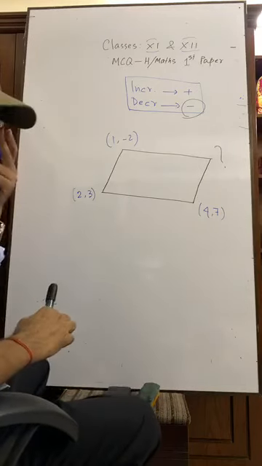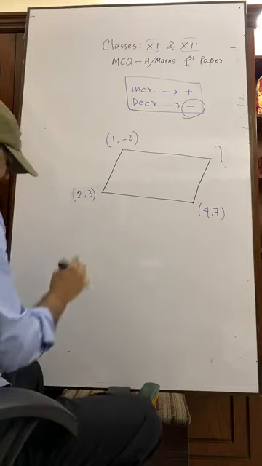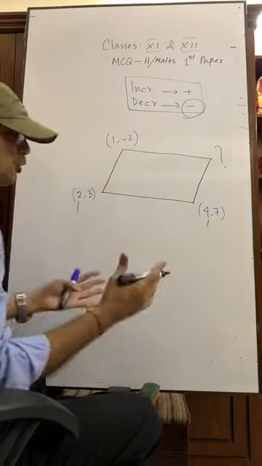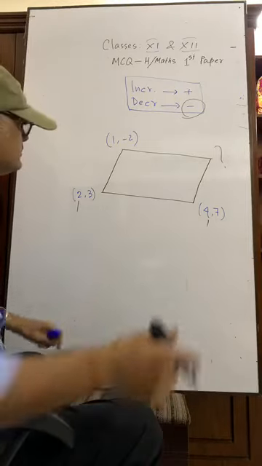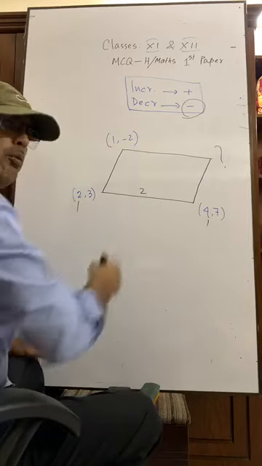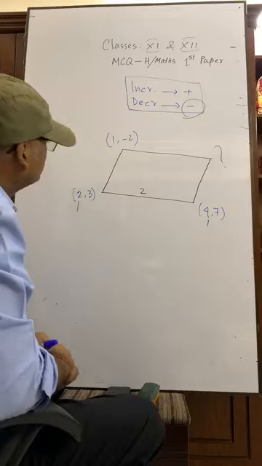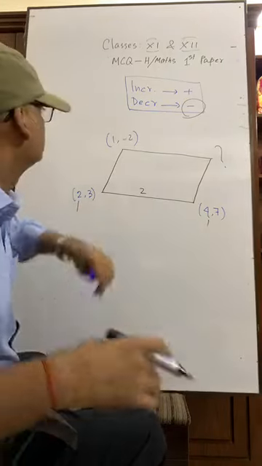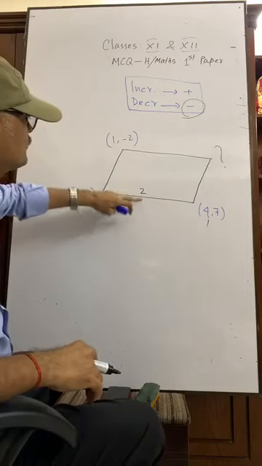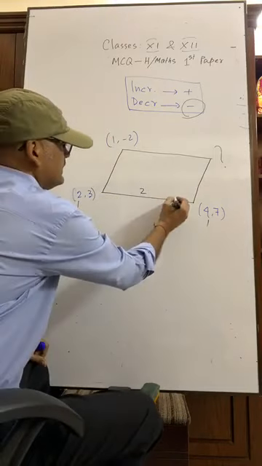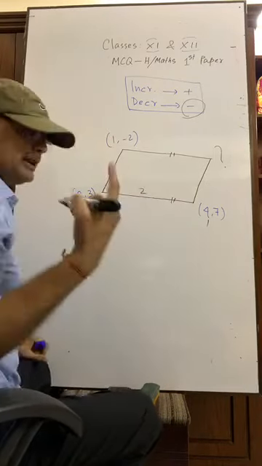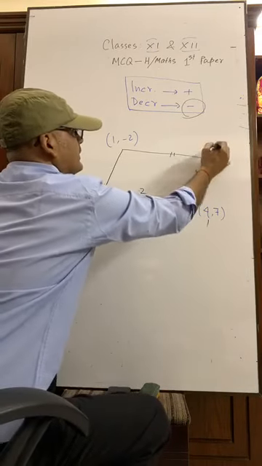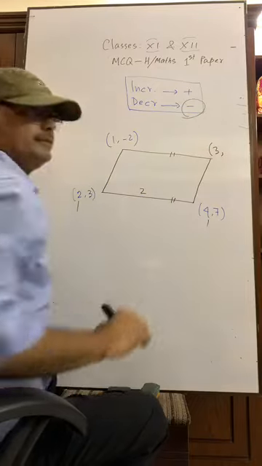What I told you: you have to find the difference between 2 and 4. Definitely 2. From 2 to 4, it is increasing. So 1 plus 2, and you know these and these are equal. 1 plus 2 equals 3, right?